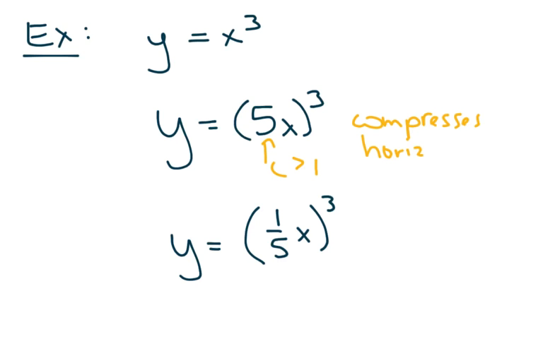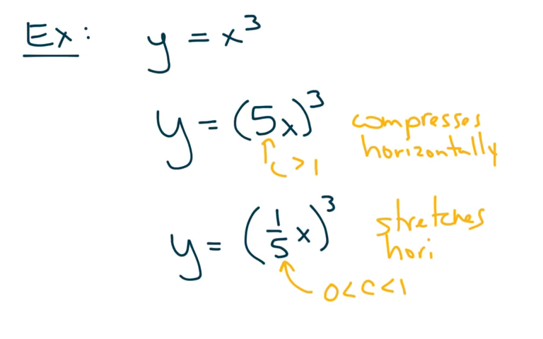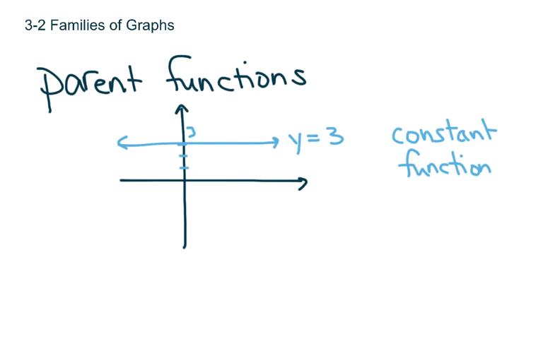So it's kind of like the opposite of what happened when we expanded vertically. And in this one, because c is between 0 and 1, we're going to say that it stretches horizontally. And that is families of graphs and transformations on parent functions.